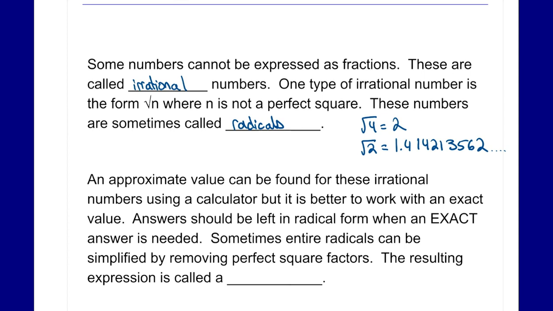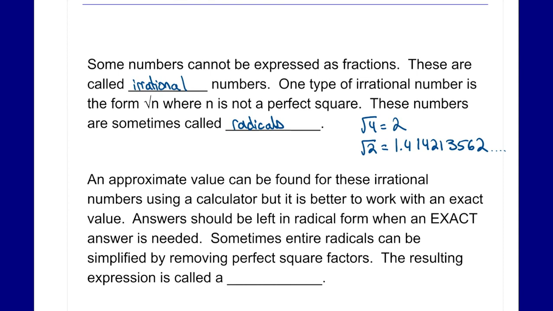Now, we can find the approximate value for these irrational numbers using a calculator like I just did. The approximate value of root 2 is 1.414213562. I could round that to 1.4, or round it to however many decimal places I need, but it's still going to be an approximate value because the decimal never terminates.